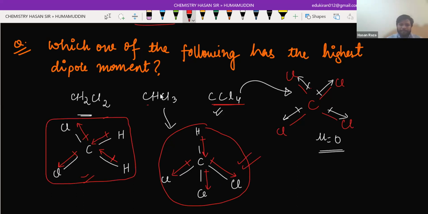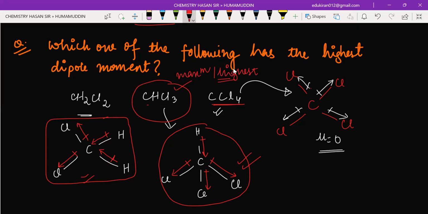That's why CHCl3 will have the maximum or highest dipole moment. Is that clear, all of you? Yes, sir.